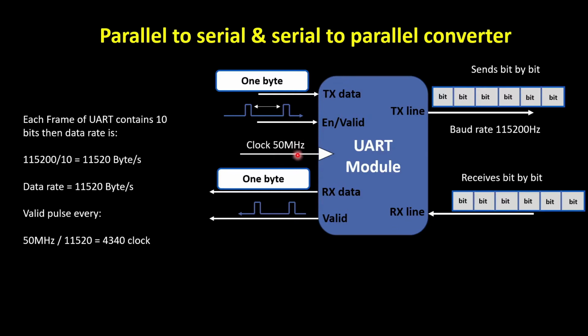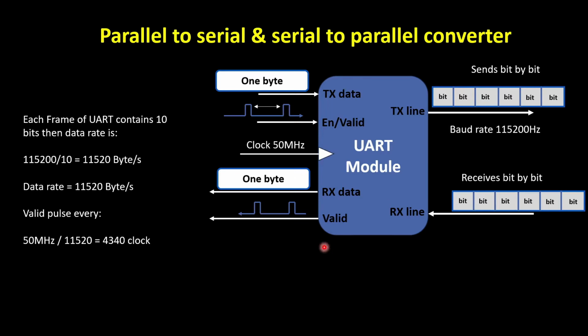Now consider that the provided clock is equal to 50 MHz. How much is the distance between two valid pulses for the TX data? As you can see here, the distance between two valid pulses is equal to 4340 clocks.